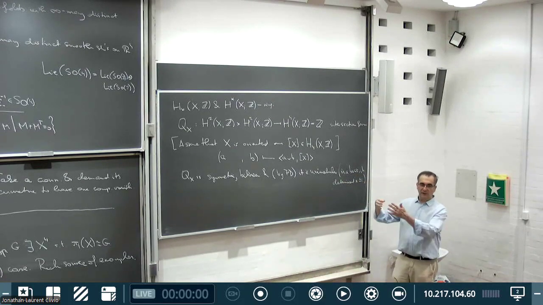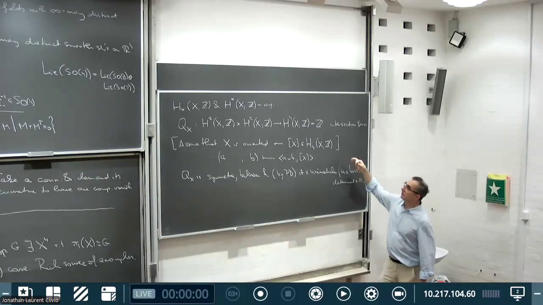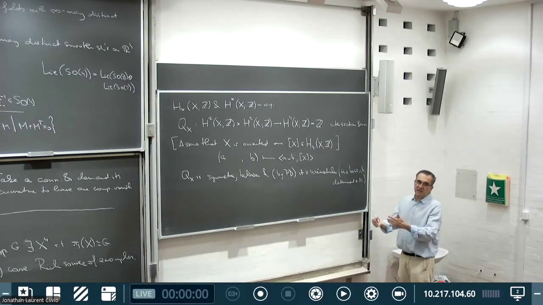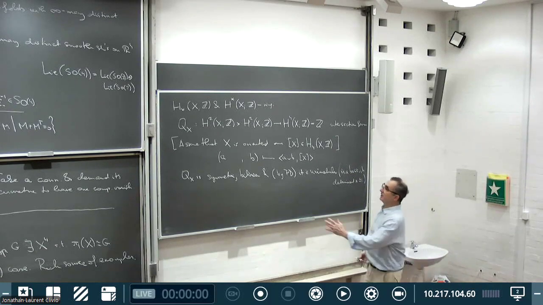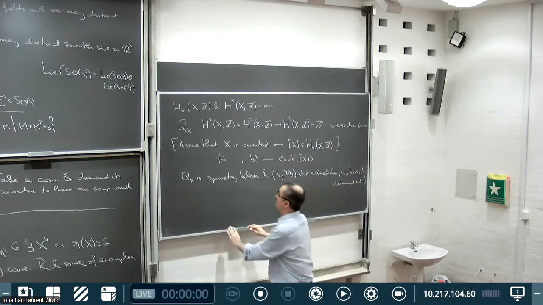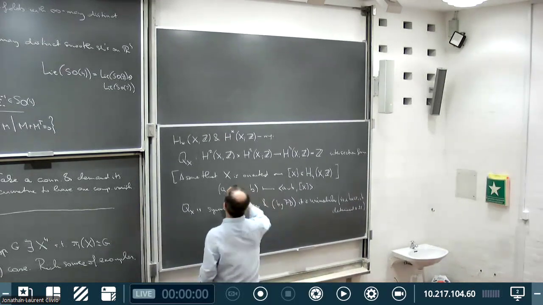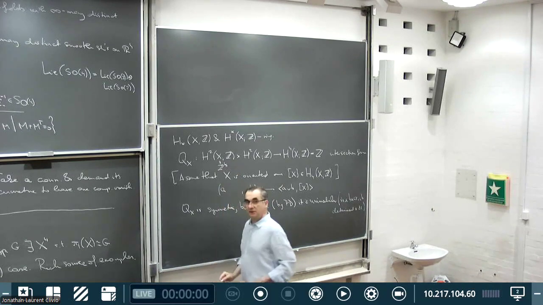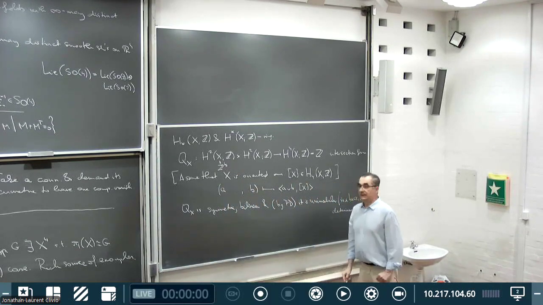So it's an invertible matrix, invertible over the integers. So it's a special symmetric bilinear form on a free group. If we assume simple connectivity, this is just Z^{b_2}, where b_2 is the second Betti number of X.